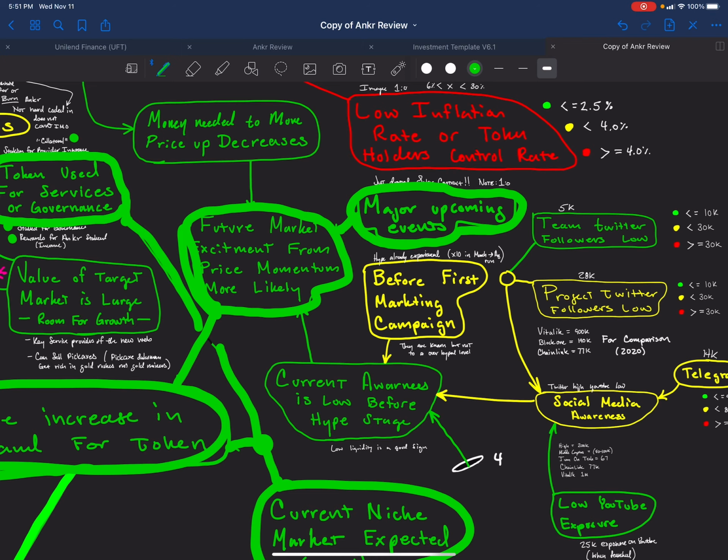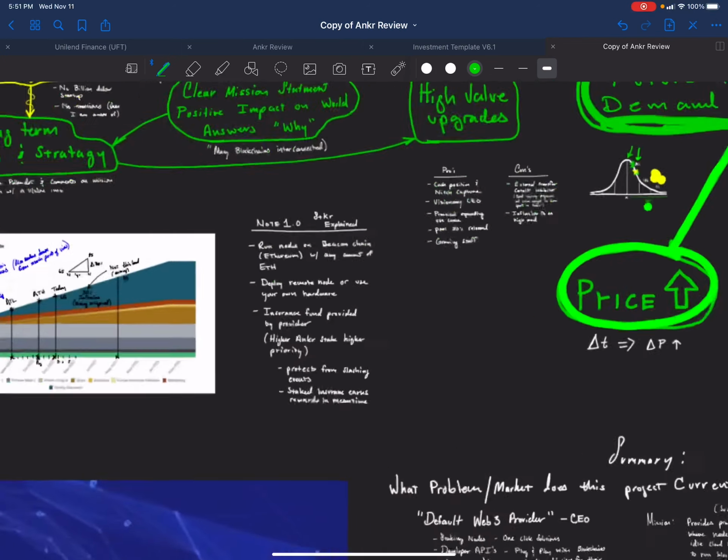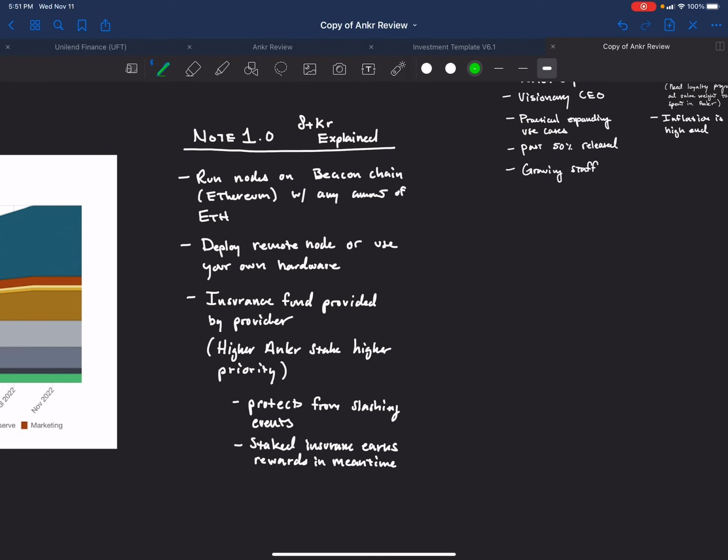So major upcoming events. They just announced the Staker contract. What is Staker? Staker is to run nodes on the beacon chain for Ethereum with any amount of Ethereum, because you're going to need 32 Ethereum to stake on Ethereum. However, they're going to allow anyone to partake in these Ethereum pools that will be able to validate the Ethereum network, so that these people could be entitled to revenues from Ethereum.